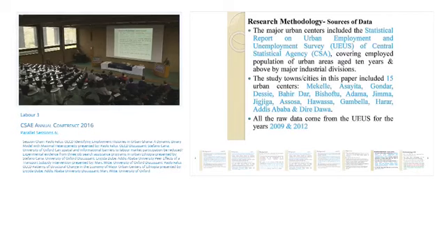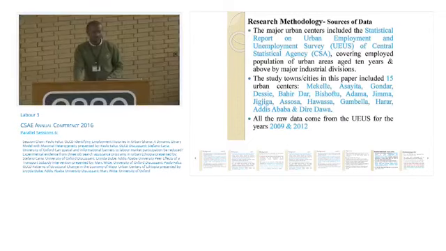The survey covers the employed population of urban areas aged 10 and above by major industrial divisions. This is taken as it is. The cities included are 15 major urban centers as they are included in the survey.